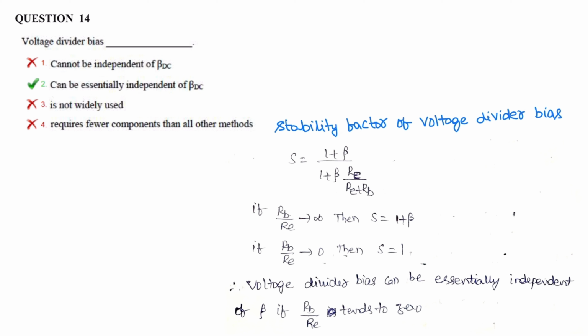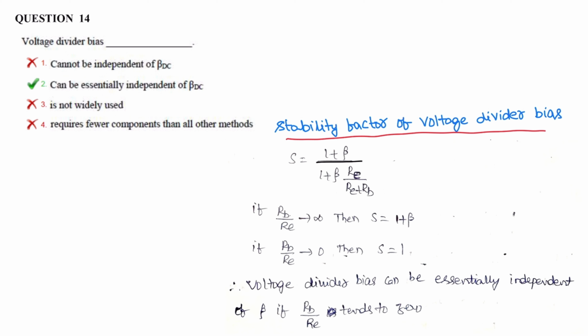Question number 14. Voltage divider bias. This question is related to stability. The stability factor of voltage divider bias is S equal to 1 plus beta by 1 plus beta into Re by Re plus Rb.